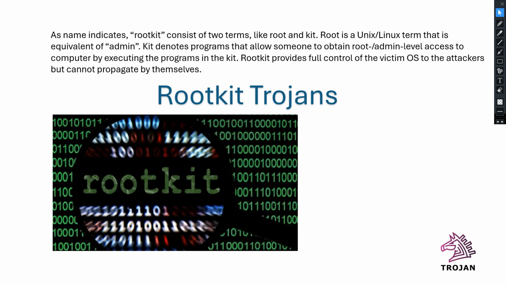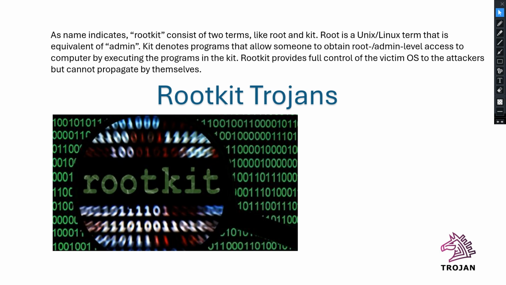Rootkit provides full control of a victim OS to the attackers but cannot propagate by themselves. Okay, it does not propagate in the network by themselves. It provides the complete access, full access, but it cannot propagate by themselves.